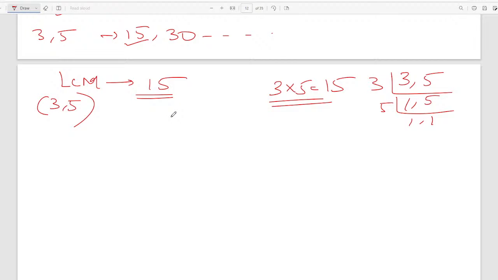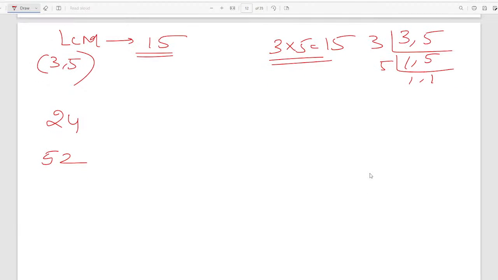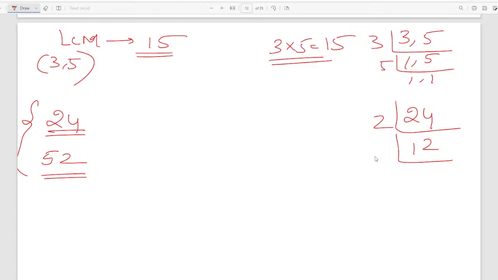Let's take the LCM of 24 and 52. Whenever we have two numbers, we prime factorize them, writing them in prime factorization form. What is prime factorization? We write the composite number in primes. 24 is 2 times 12, 2 times 6, and 2 times 3. So 24 can be written as 2 cube into 3.